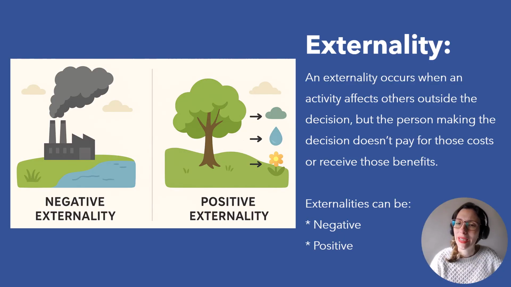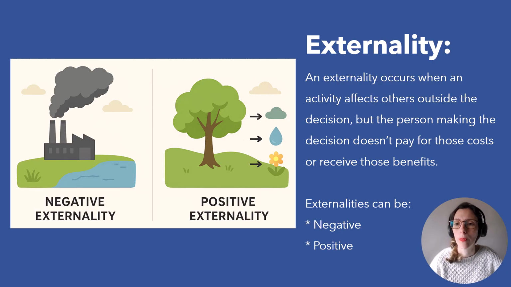So let's begin with the concept of externalities. An externality occurs when private decisions generate social impacts, costs, or benefits that fall on people who are not part of the initial private decision. Externalities can be negative or positive. Negative externalities are costs imposed on others.